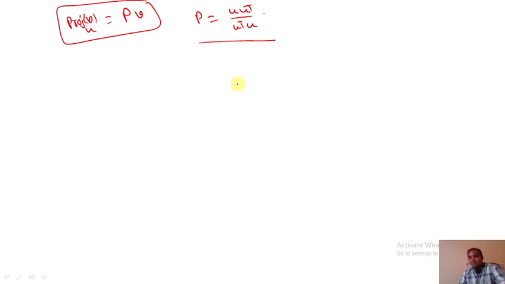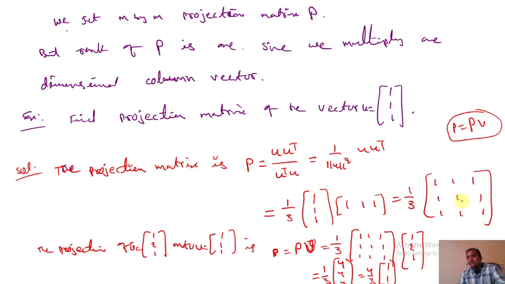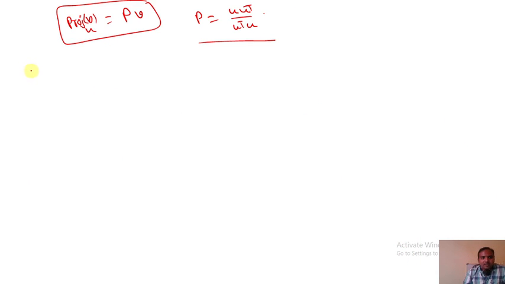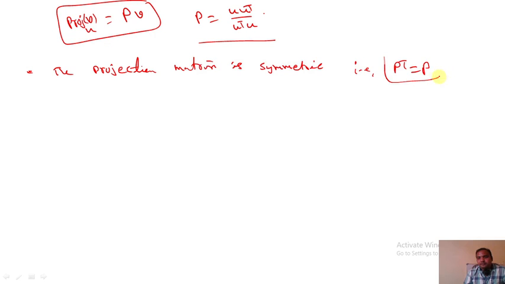Now observe here, this is a symmetric matrix. Remember this point: the projection matrix is always symmetric, that is P transpose equals P.